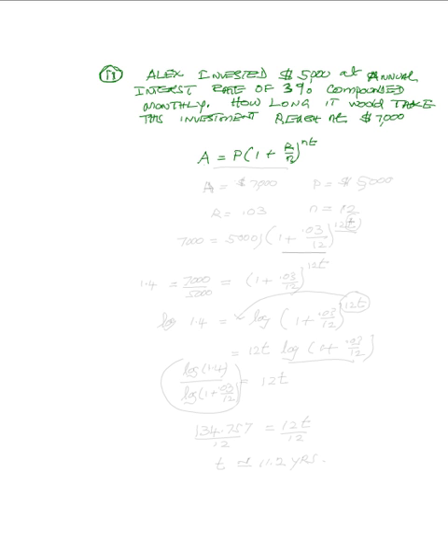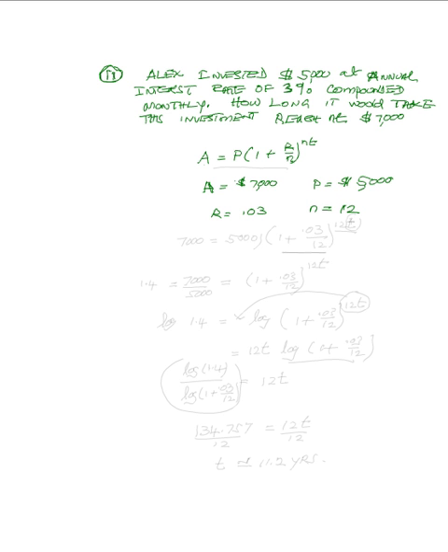So if you plug in numbers from this expression, I will have A equals the amount which is supposed to reach $7,000, and P equals 5,000, that is the initial investment, and r, which is 3% or 0.03, and n is 12 because it is monthly compounding.